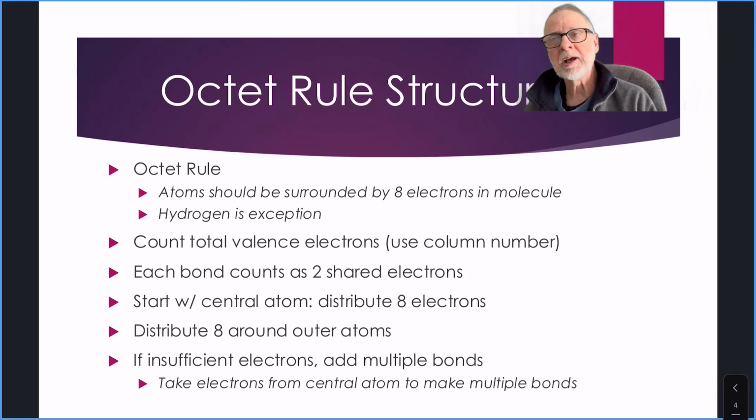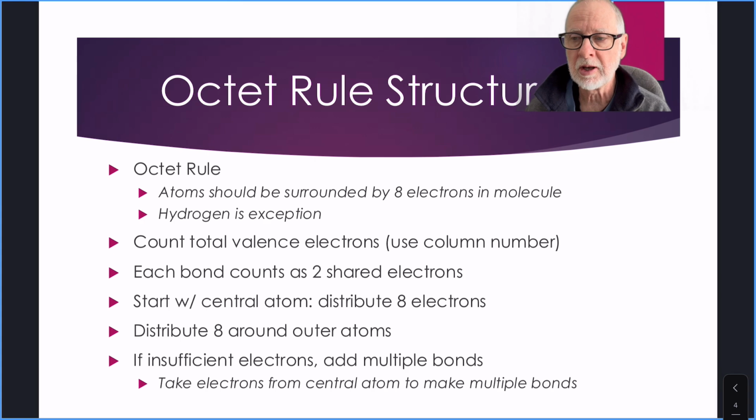Then, of course, if we don't have enough electrons with single bonds, then we add multiple bonds, etc. And again, I'm not going to go through that because that's in a previous video. We're going to focus here on situations where the octet rule is not followed.